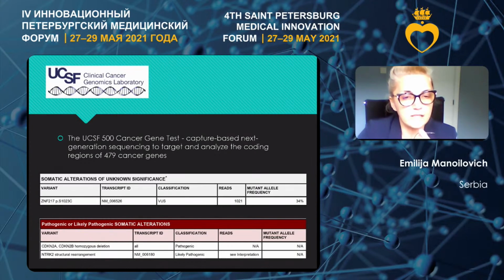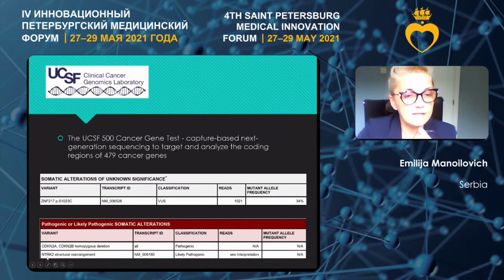So this homozygous deletion is typical for adult diffuse high-grade gliomas. On the other hand, this test also revealed a so-called NTRK2, or NTRK, we call it like this, structural rearrangement, which is typical for pediatric gliomas.